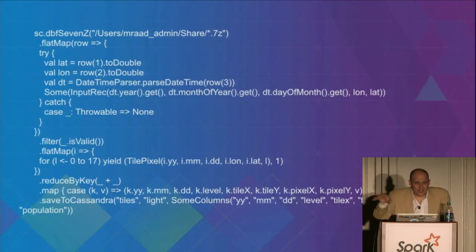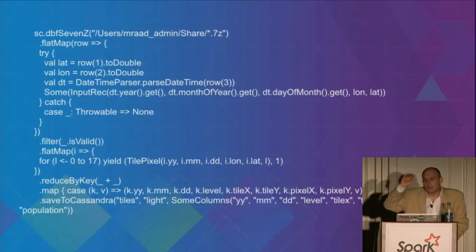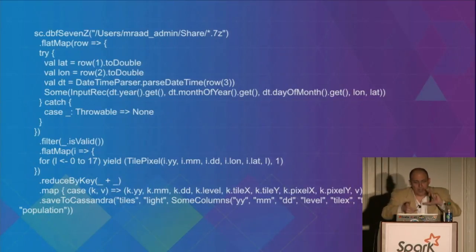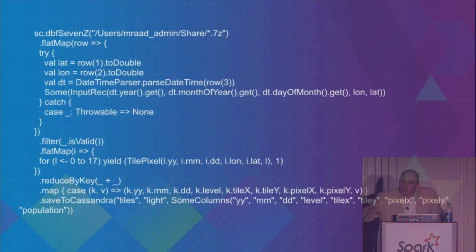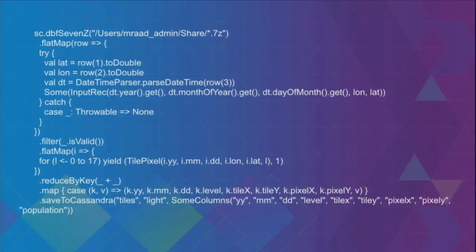So it was very simple to write a 7Z RDD that I can now parse and ingest. If you notice down there, for all the 17 levels, emit that particular value. So group by that 0 to 17, at a tile, at a pixel, at a level, at a time, group all that information, and of course, at the end, save it all to Cassandra.